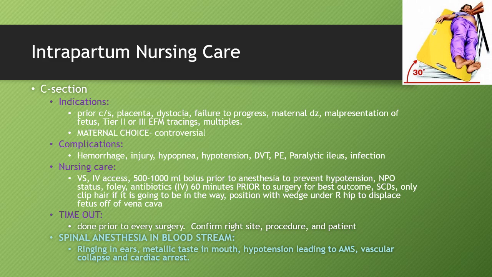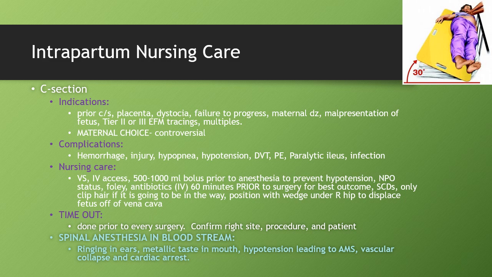If we have somebody who's failing to progress despite augmentation, or pre-existing maternal disease, so a mom who has really significant cardiac issues, pregnancy-induced hypertension or preeclampsia that usually we attempted to induce and it wasn't working well, or the baby wasn't tolerating it, or mom wasn't tolerating it, or significant diabetes, those may go for section.